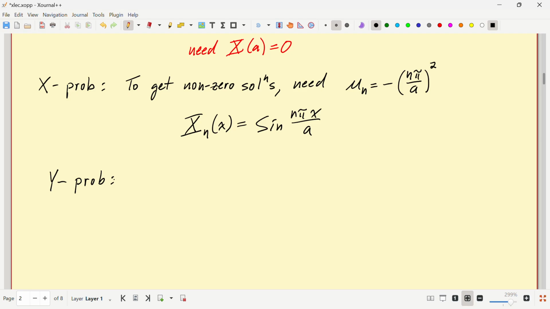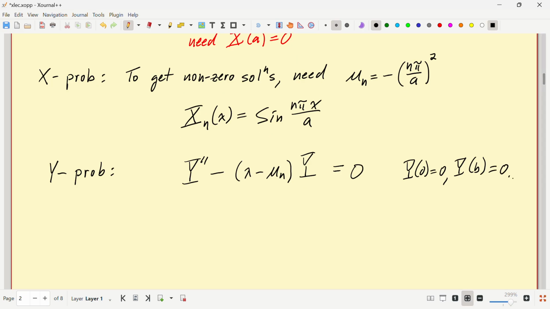Let's see, the y problem. We're going to have a bunch of y problems. It's y double prime minus (lambda minus mu sub n) y, where lambda is a constant we don't know yet, and mu sub n is the constant which we do know, which is restricted now, with the boundary conditions y of 0 equals 0 and y of b equals 0.